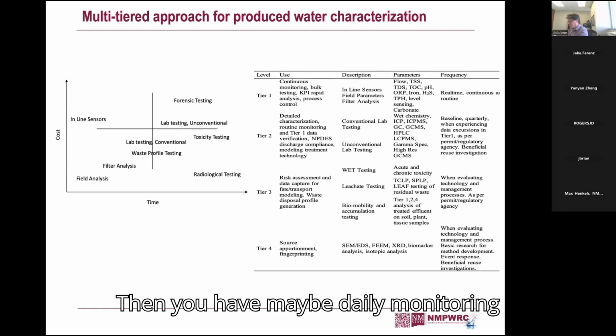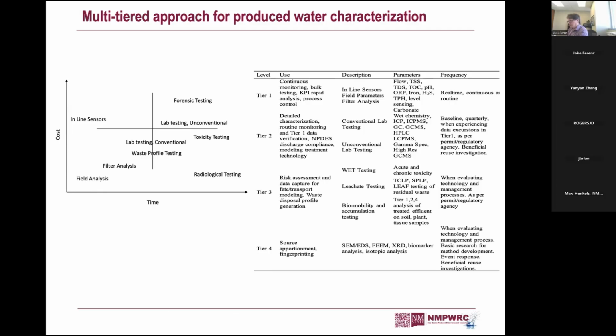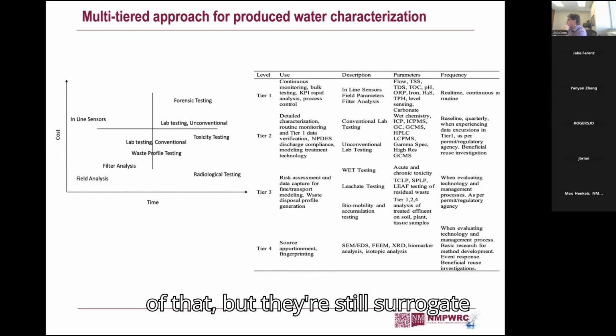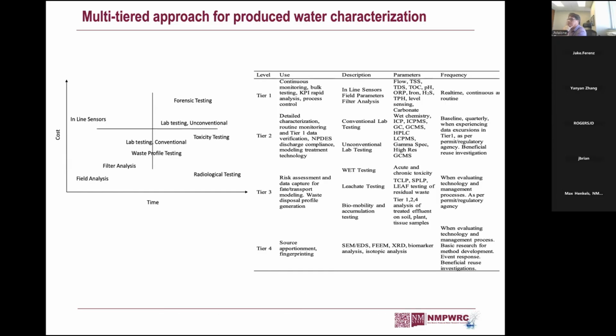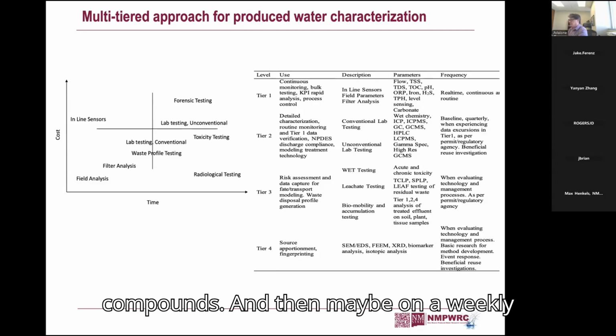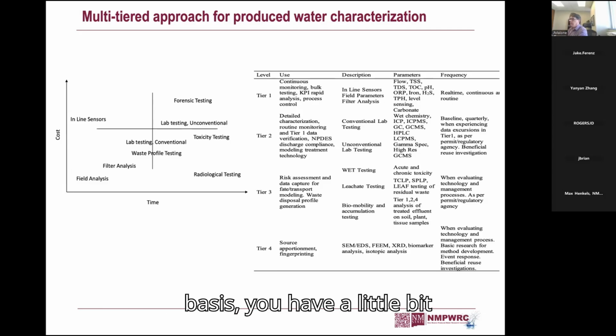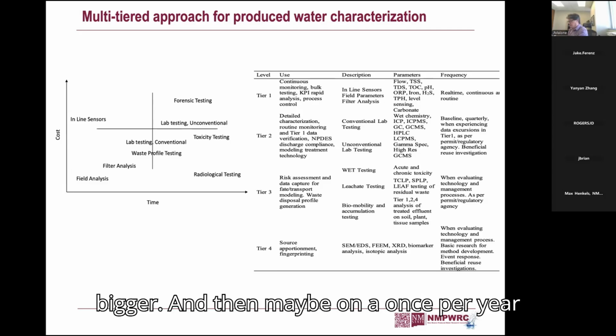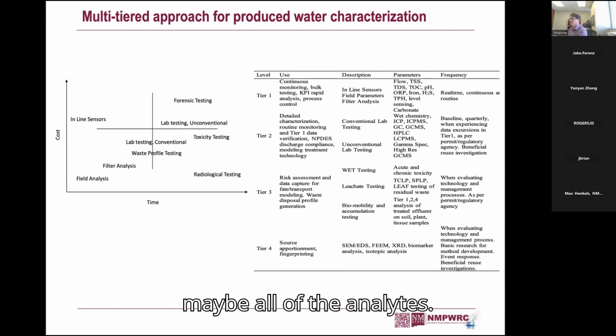Then you have maybe daily monitoring for a smaller component of that, but they're still surrogate compounds. And then maybe on a weekly basis, you have a little bit bigger. And then maybe on a once per year basis, you have maybe all of the analytes.